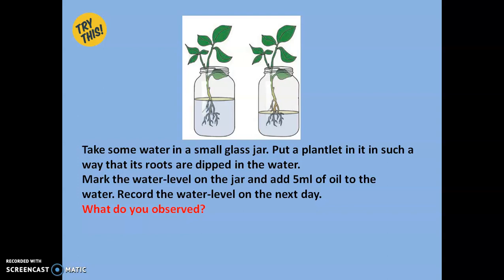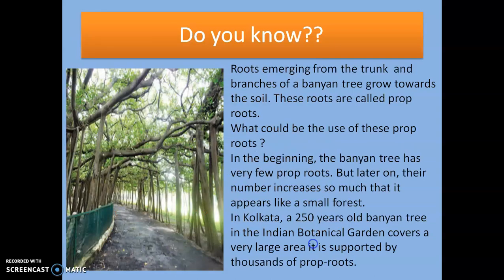Record the water level on the next day. What do you observe? We observe that the level of water in the glass jar goes down. So this tells us that root absorb water and support the plant.